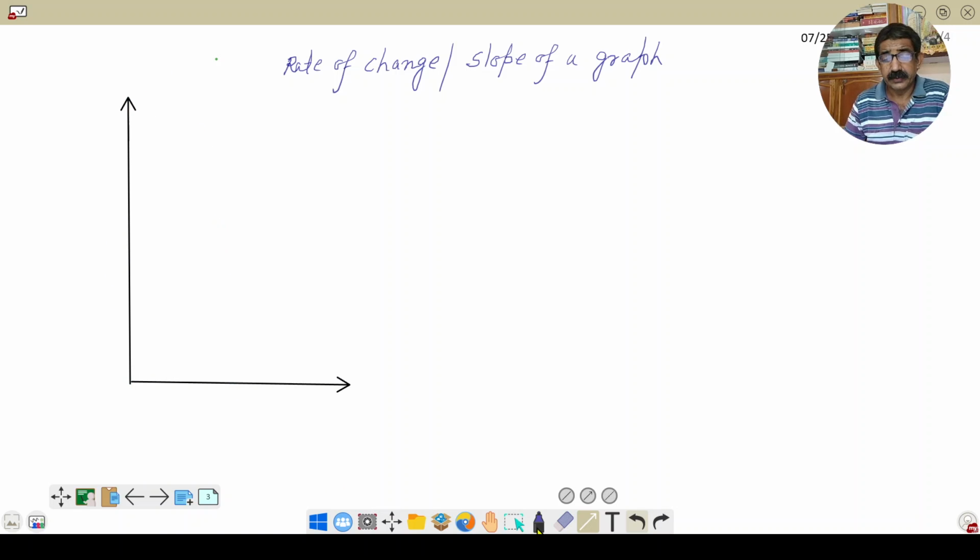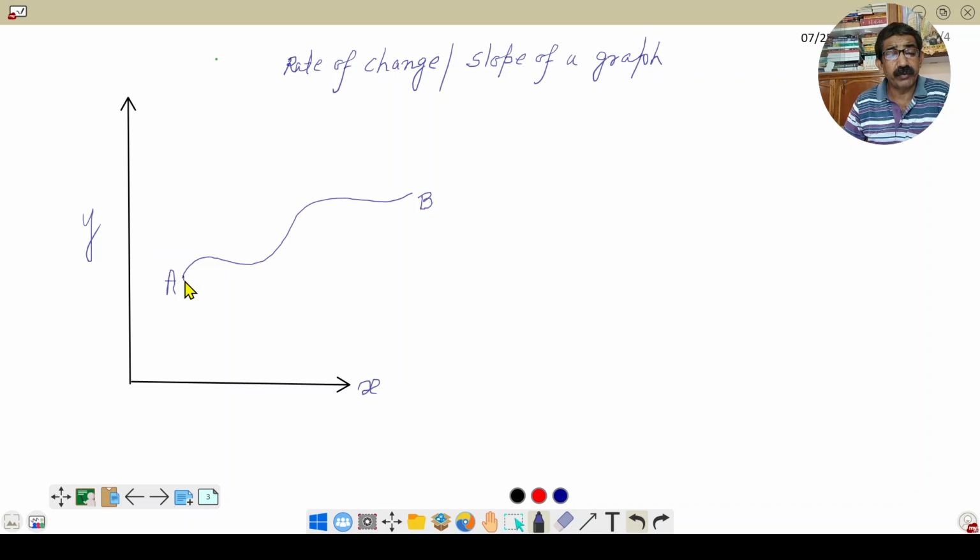And this is a curve. A to B, it's a curve. This is the x-axis and this is the y-axis.